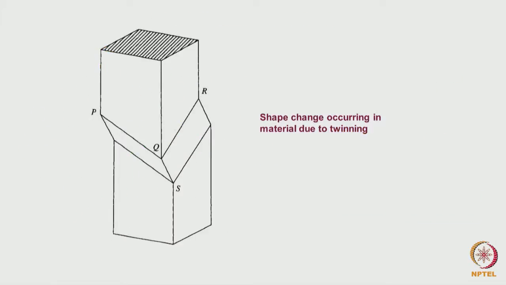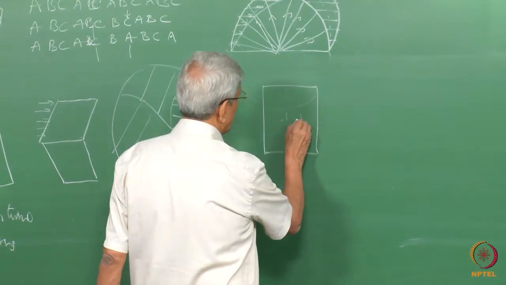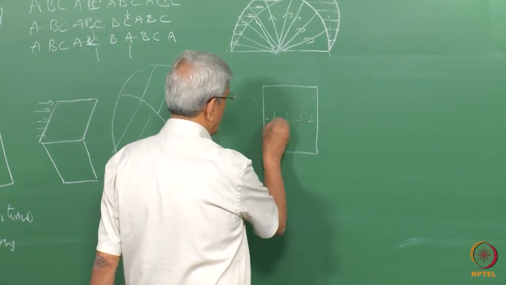Before we do that, if you look at a material, how does it look when I deform it? Assume that a material is deforming by slip. Suppose this is the shape of the sample, and a lot of dislocations of various different forms have passed through the sample.